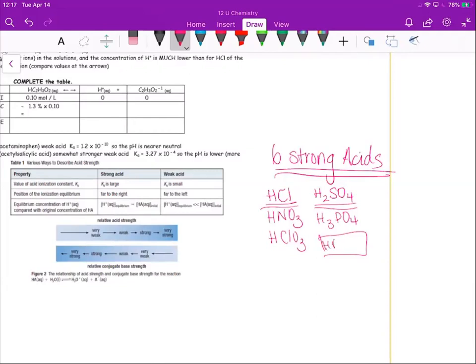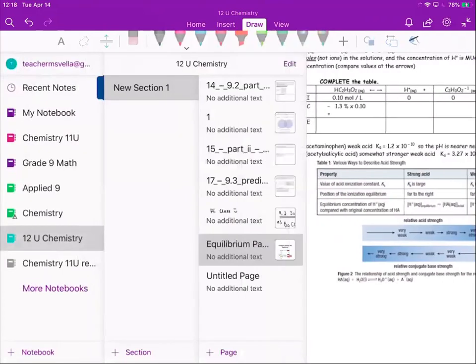Hydrobromic and hydroiodic. So the ones with the halogens, okay? And sorry, this one is HClO4. So all these ones, it means that the dissociation is basically 100%, that there isn't going to be any of these entities left together after it's placed in water. So it's pretty much 100% dissociation.